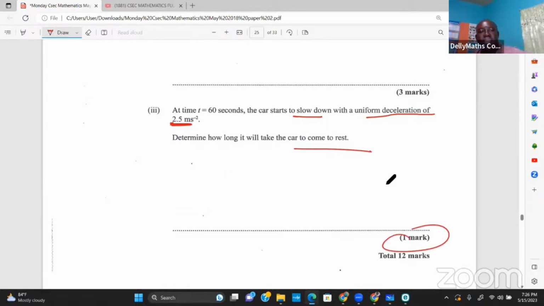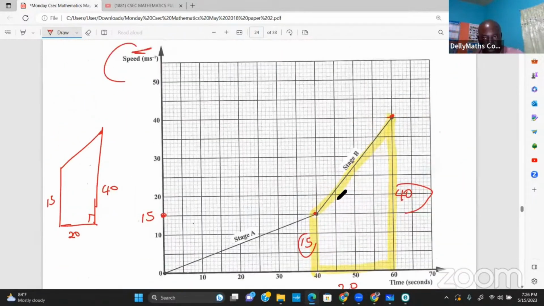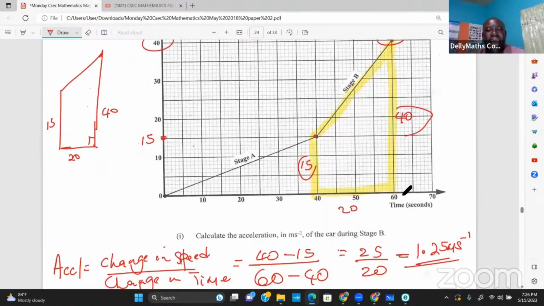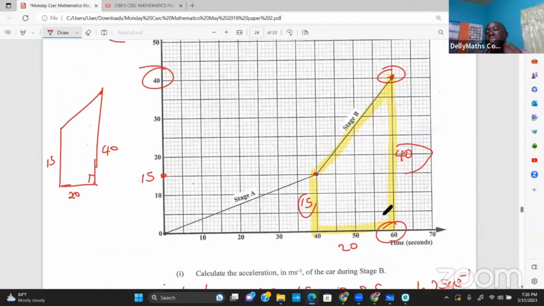Now, think about this. What speed do we have now? You agree that we're at 40 right now? Because the question is saying at 60 seconds, it starts to slow down. So I want to know what is my speed at 60. Let me clear up the diagram so that we can take a good look. What is my speed at 60?